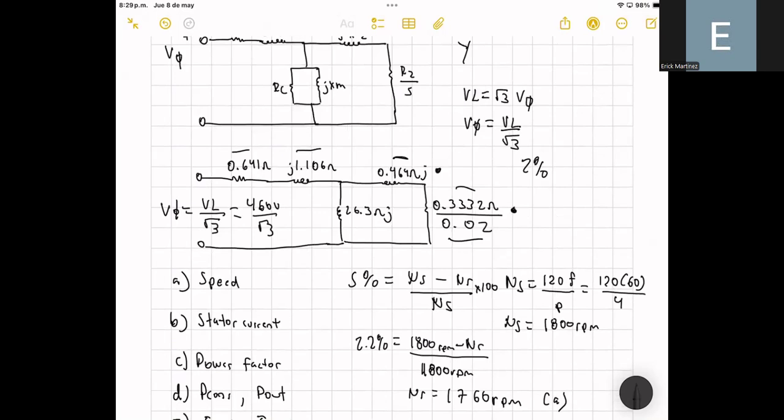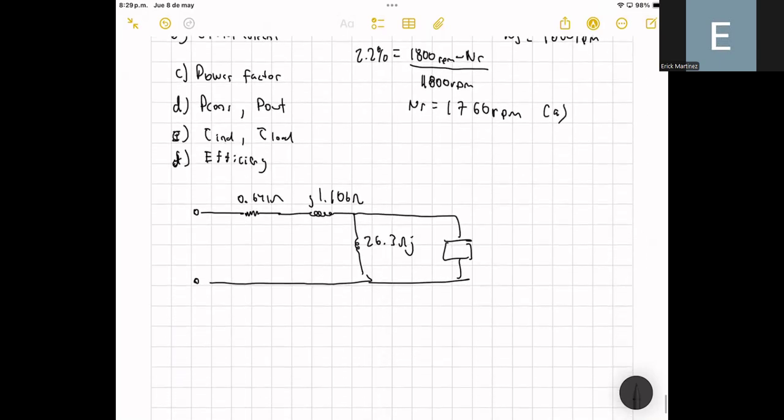If we simplify this rotor resistance plus the impedance here, you will get 15.0909 plus 4.464j ohms.